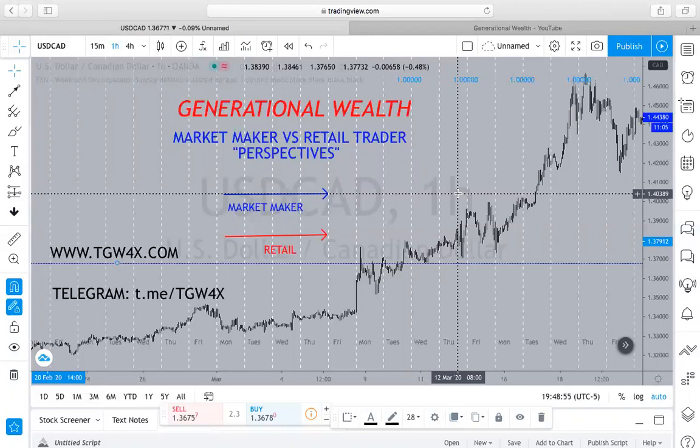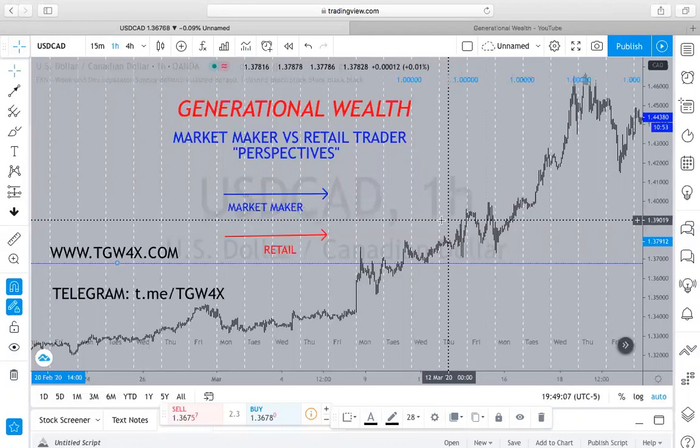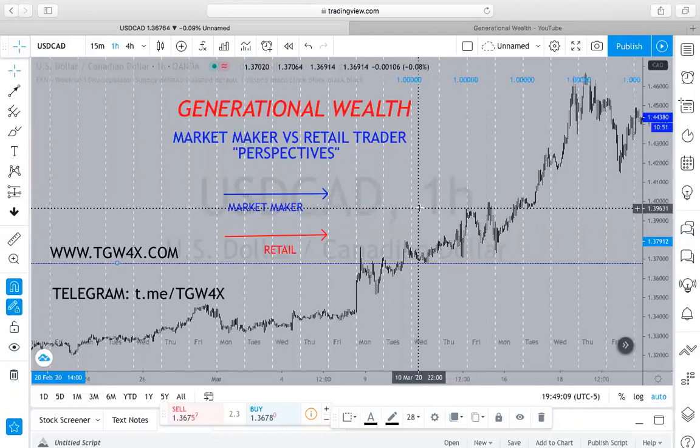So we know what they look for: trend lines, support and resistance zones, higher highs, higher lows, and plenty of indicators as well to help them get a perspective.